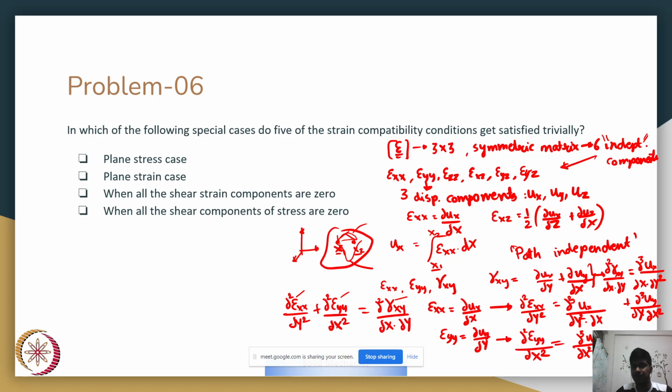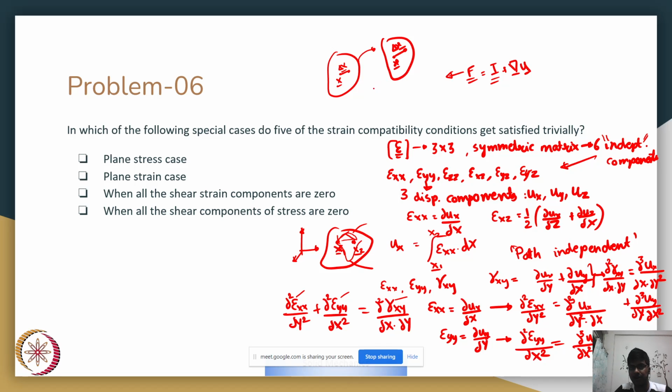So as we derived, if you remember, we derived this from taking a body at x with a line segment delta x, and after deformation it goes to another point small x with line segment delta x.